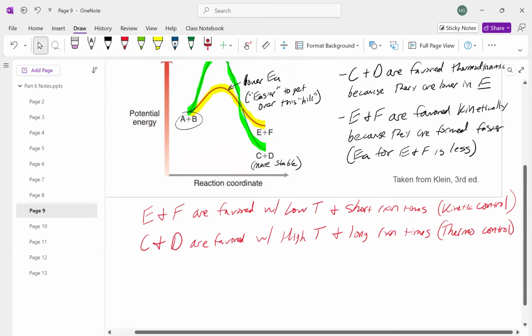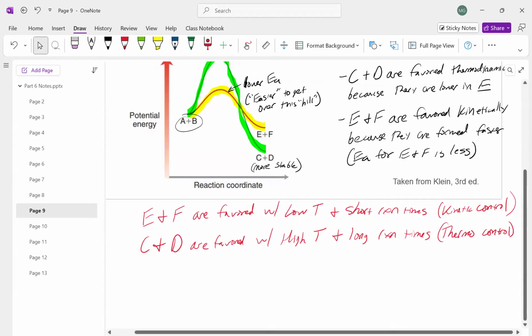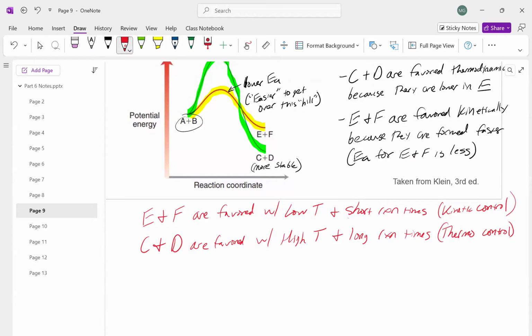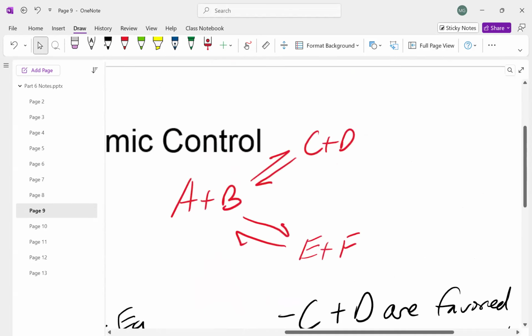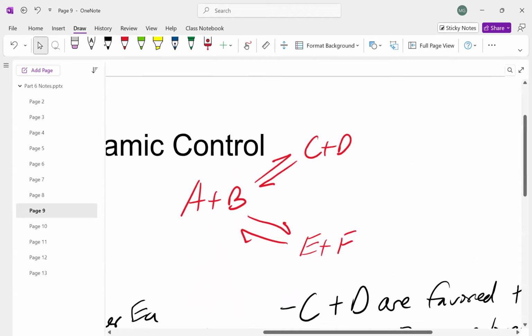Now, I talked about the temperature effect. Why is there a difference in the reaction times? So I want you to think about this. Why would long reaction times favor E and F, I'm sorry, C and D?